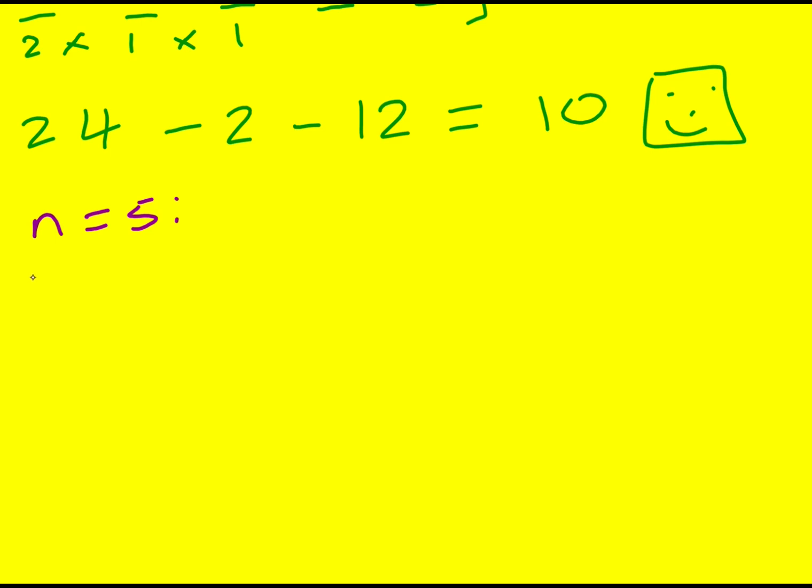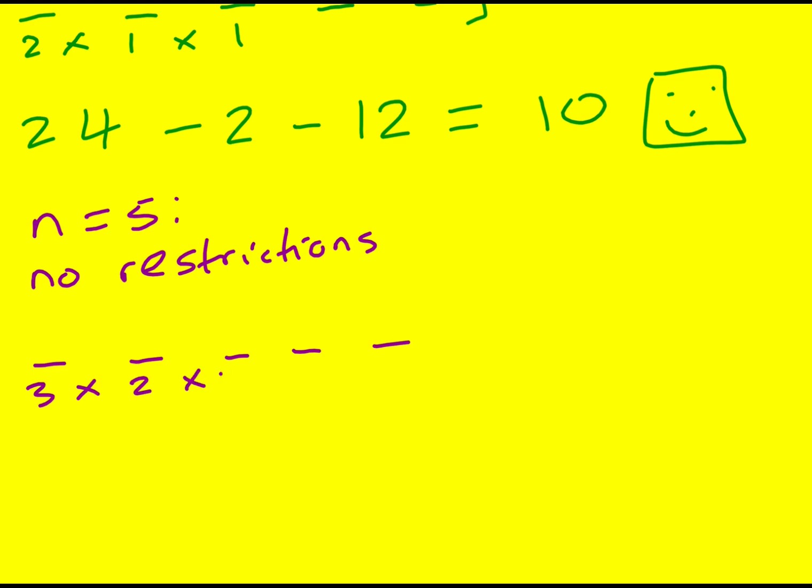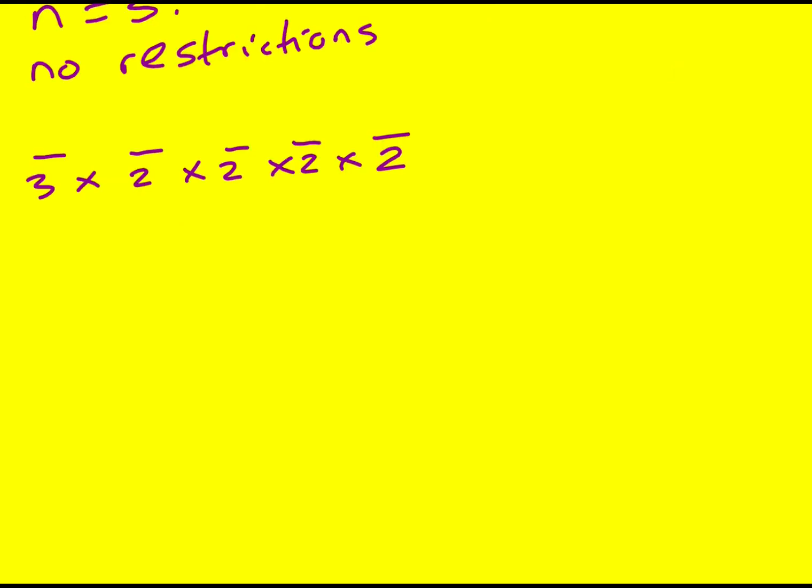So no restrictions. All right, there's 3 ways, and then there's 2, and there's 2, 2, and 2. Okay. Now actually, I'm going to simultaneously do the general case because it will link in better.